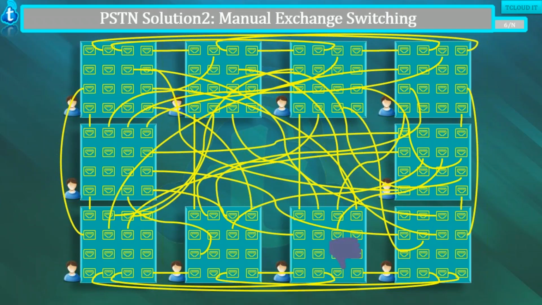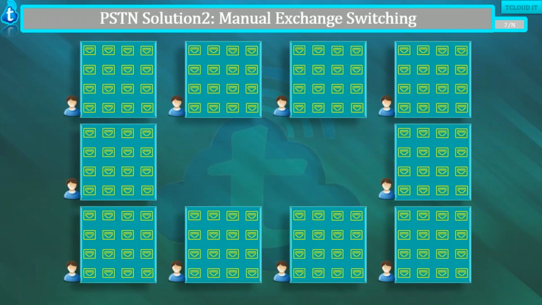No, not a good idea. Even at the exchange level, we cannot connect every exchange to every other exchange because there will be lakhs of exchanges in the world. So what do we have to do? How do we solve it?